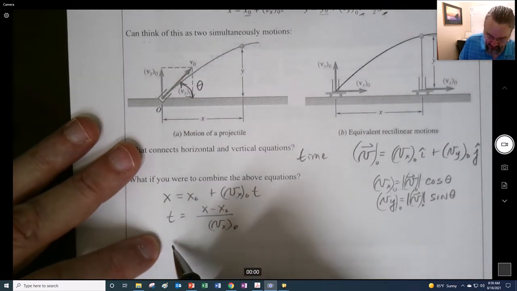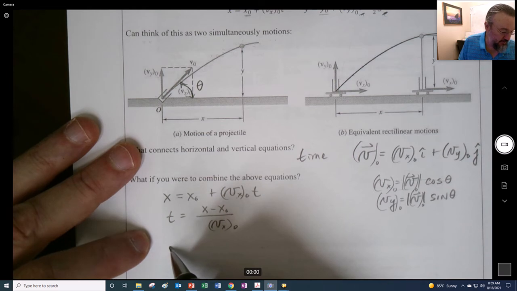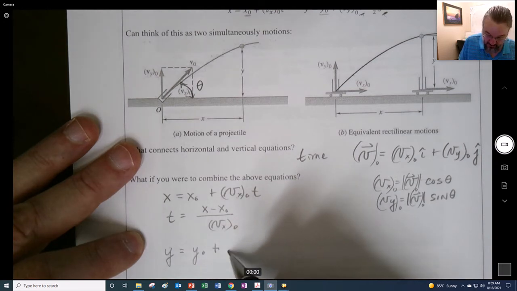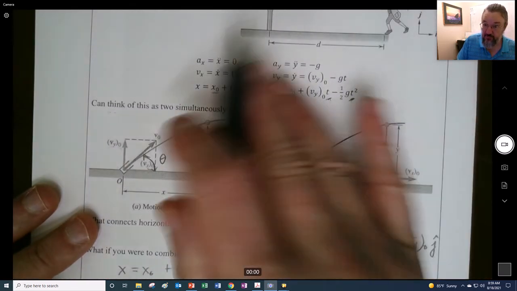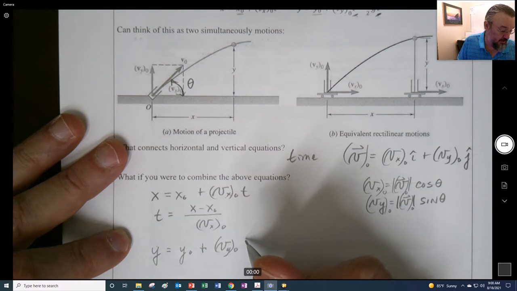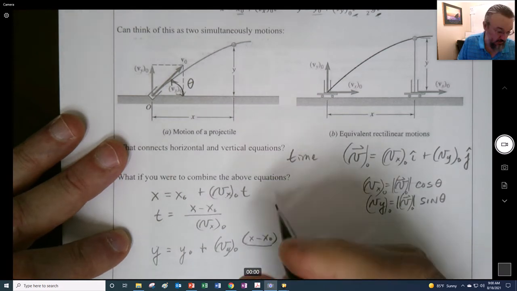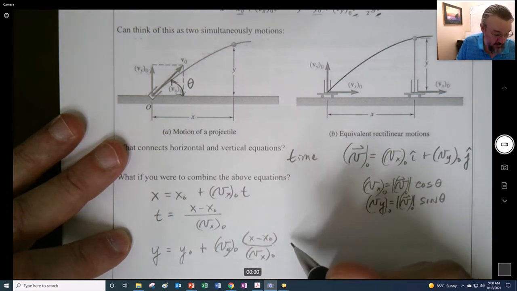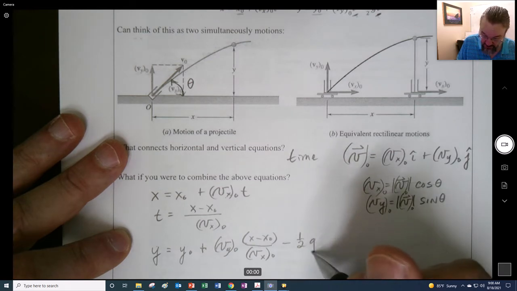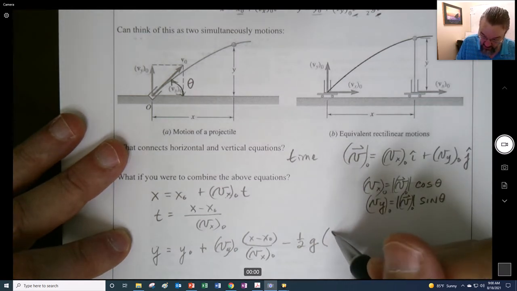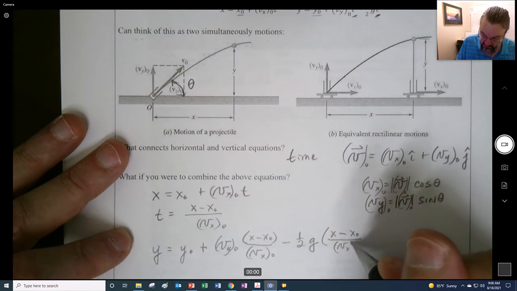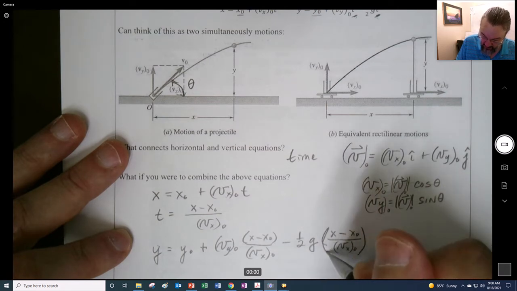And if you do that, you end up with y is equal to y naught plus vy naught times (x minus x naught divided by vx naught), minus 1/2 g times (x minus x naught divided by vx naught), the whole thing squared.